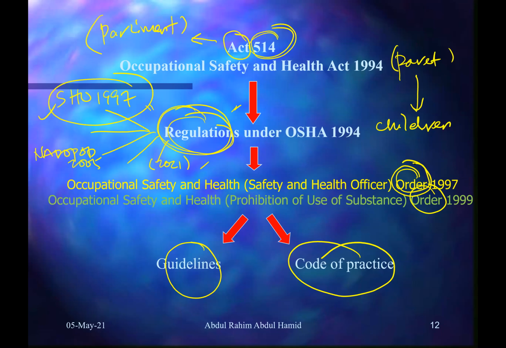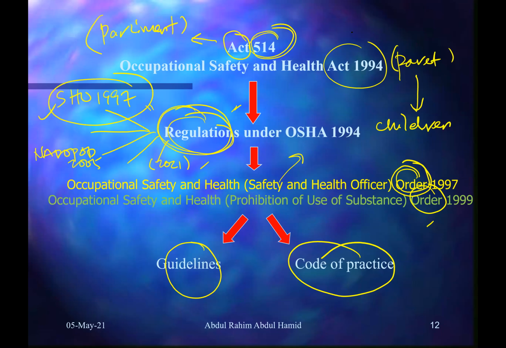Unfortunately, we do not have many orders around. Only these two orders have been released, again with regard to the safety and health officer. In OSHA 1994, when SHO was introduced, the statement about SHO mentioned the construction industry.